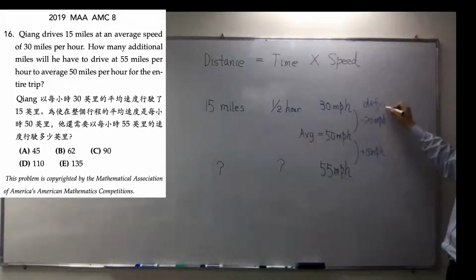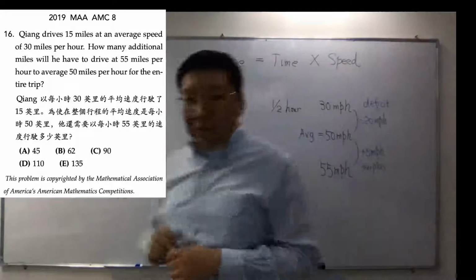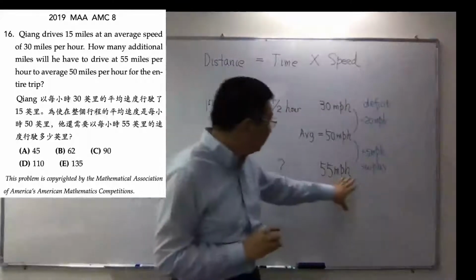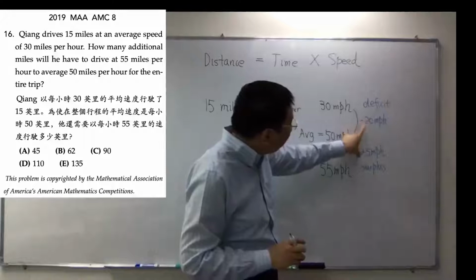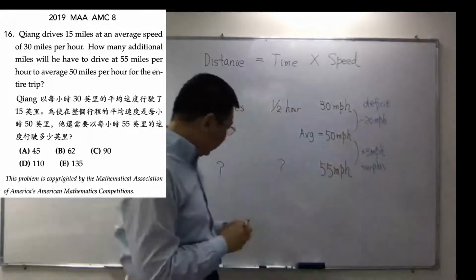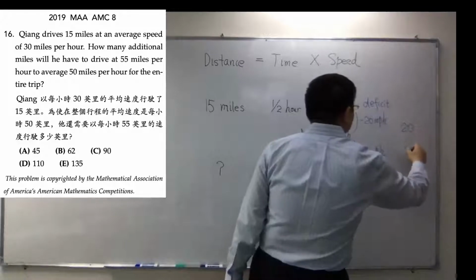But given the average as 40, the deficit and the surplus should be the same. In other words, you should have more hours traveled at this 50 miles per hour. So the ratio of 20 to 5 is 4 to 1.